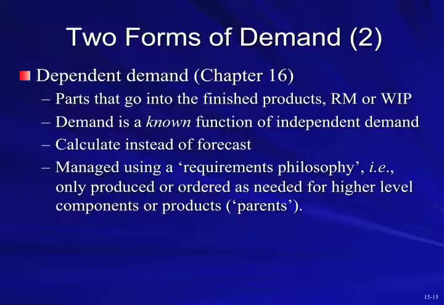Dependent demand, on the other hand, are parts that go into finished products and are dependent on that. They're driven by the products that are going into inventory instead of a forecast, and it's mostly a support type of thinking and operation.